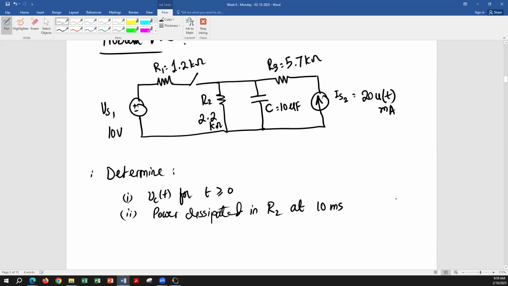All right, two things we have to figure out in this: capacitor voltage and the power dissipated in R2 at 10 milliseconds. And that switch is opening at t is equal to 0. So it's going to open up at t is equal to 0.